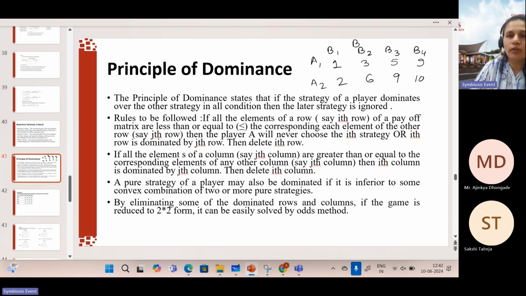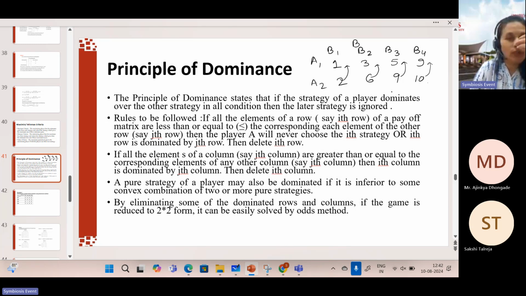So if you observe all the values of my A1, that is 1, 3, 5 and 9 for B1 to B4, and compare with A2, that is 2, 6, 9 and 10. So this 2 is greater than 1, 6 is greater than 3, 9 is greater than 5 and the last 10 is also greater than 9.